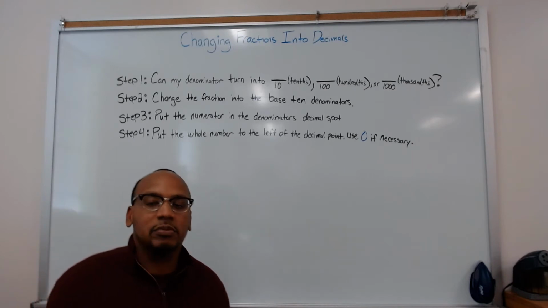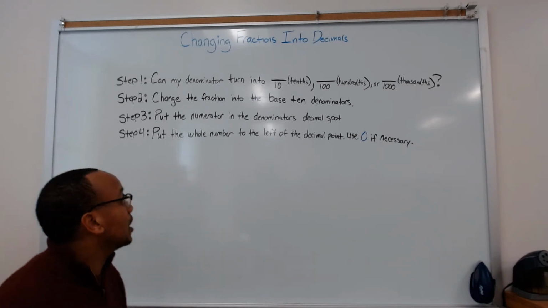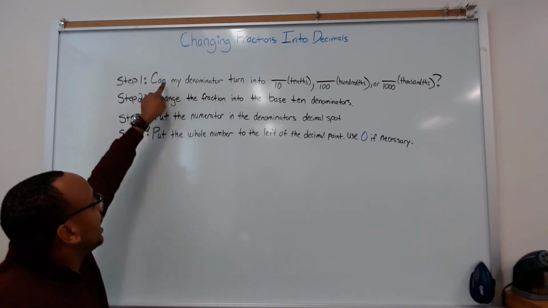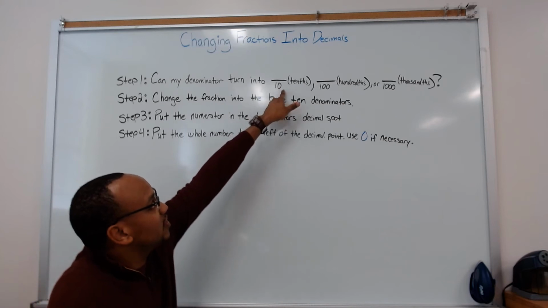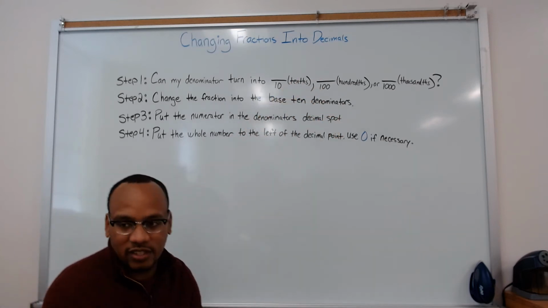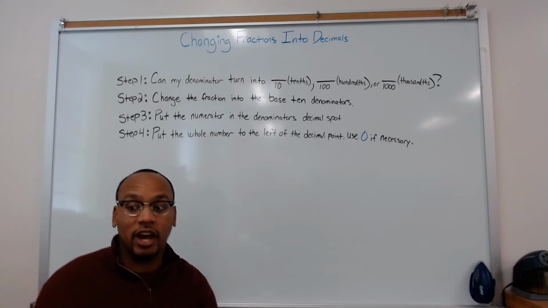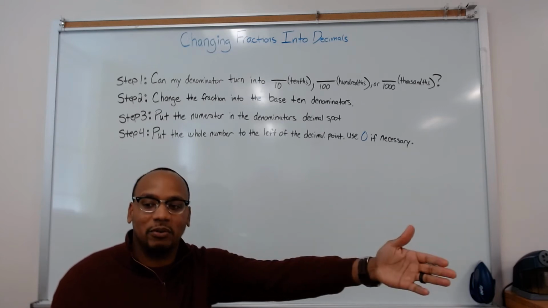So there are some simple steps in changing fractions into decimals. Step one, can my denominator turn into tenths, hundredths, or thousandths? Now you've got to think, the ultimate goal is to turn it into a decimal.